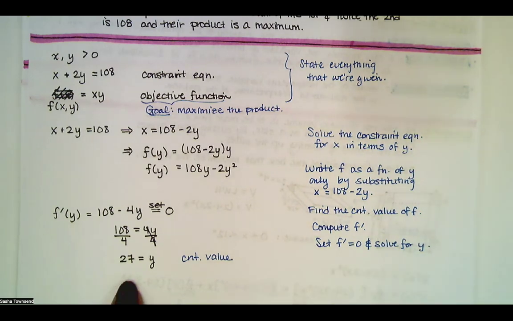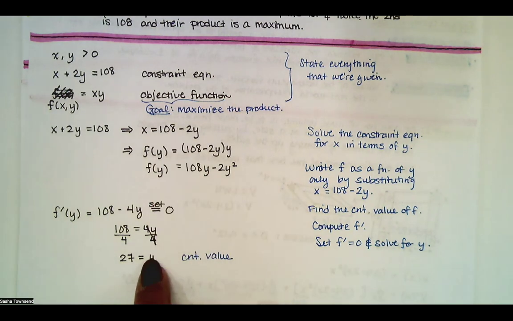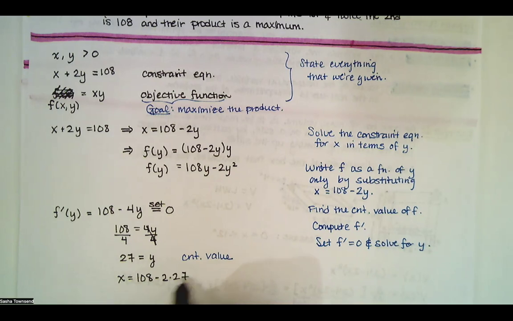And now we want to make sure that that corresponds to a maximum rather than a minimum. And we also want to make sure that our corresponding X value is positive, right? When Y is equal to 27, our X value is 108 minus 2 times 27.